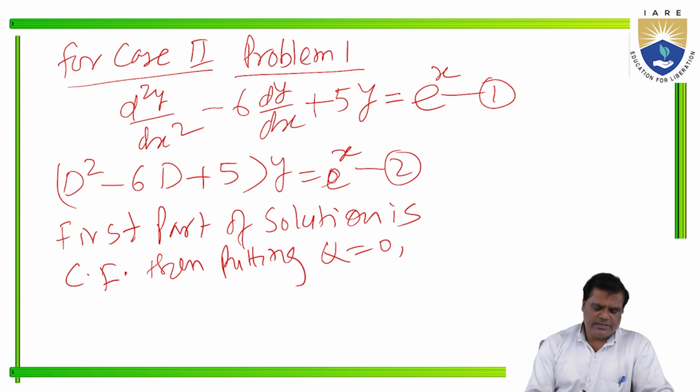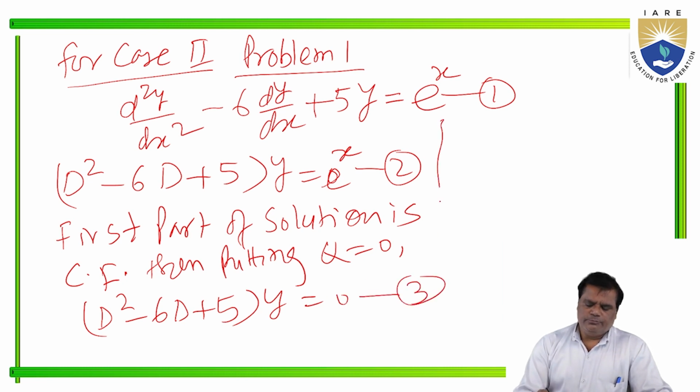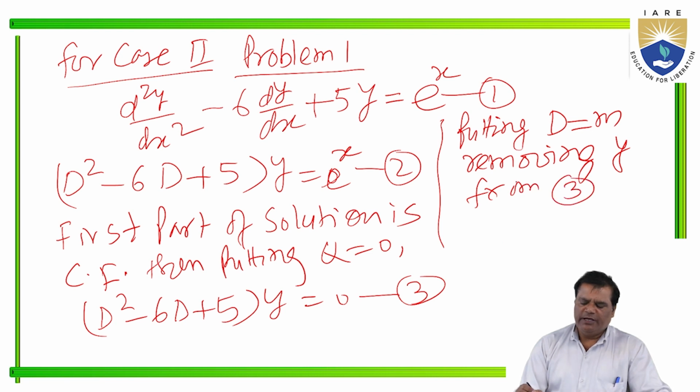Then our question converts to d square minus 6d plus 5 into y is equal to 0. This is equation 3. Now putting d equal to m and removing y from 3, we get the auxiliary form.